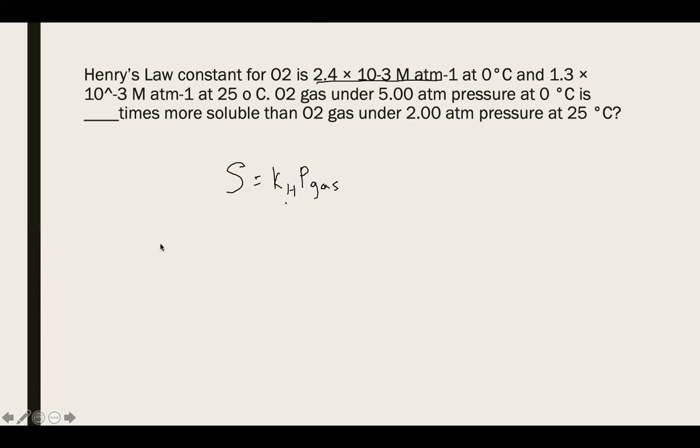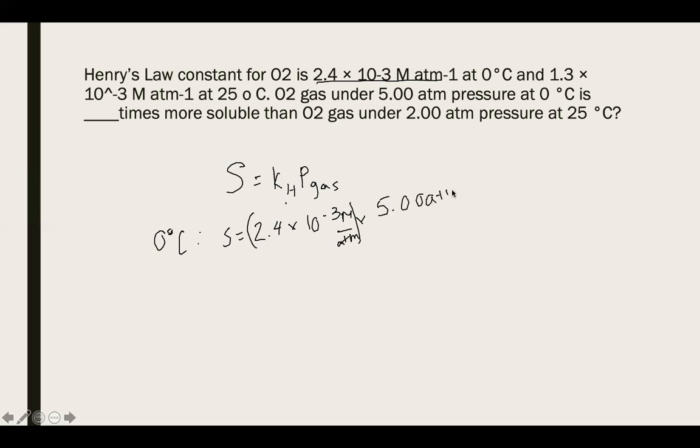So let's start at 0 degrees Celsius. If we find the solubility at 0 degrees Celsius first, S equals, we're given our K already, 2.4 times 10 to the negative 3 molar per ATM, and we're given our pressure as 5 ATM.